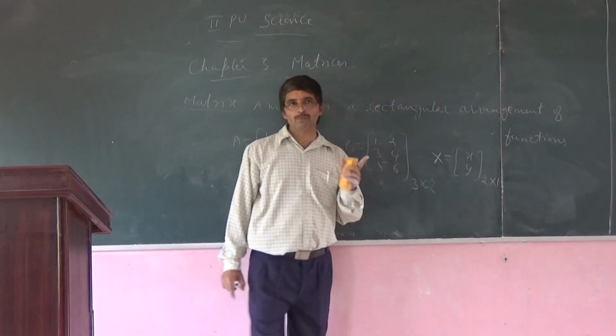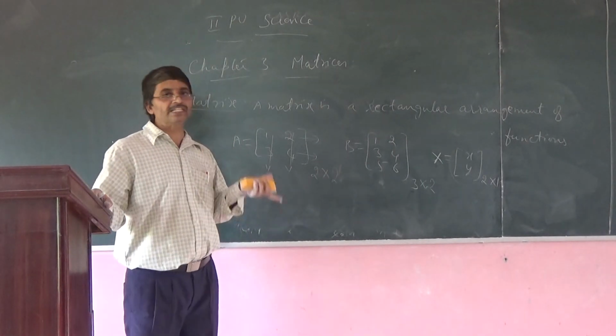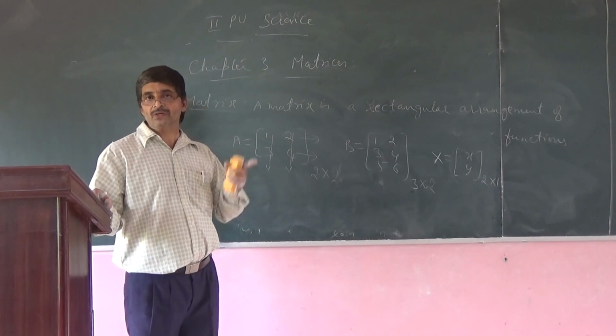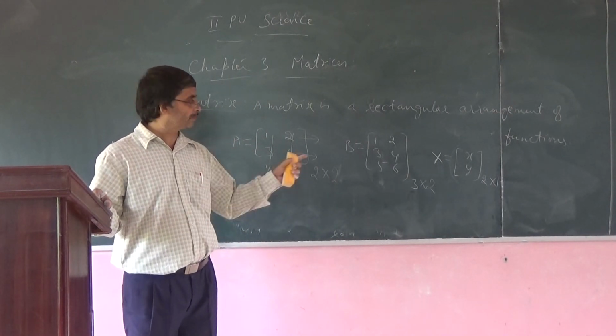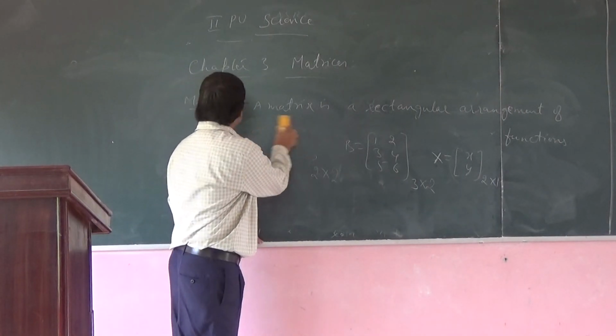Capital letters should be used if you are representing a matrix. Small letters should be used if you are representing elements. Okay, that is representing matrices.